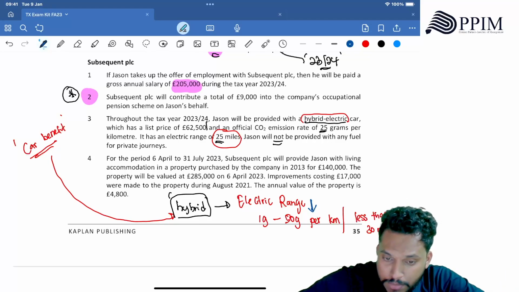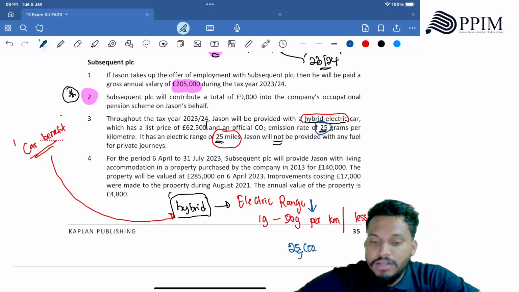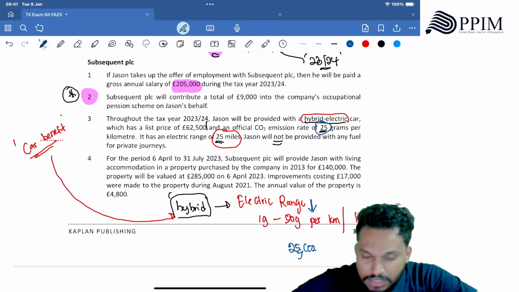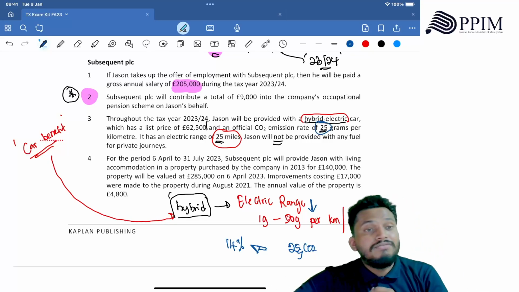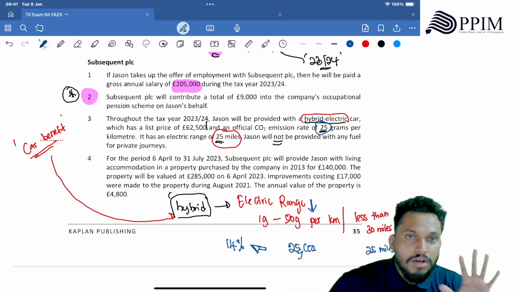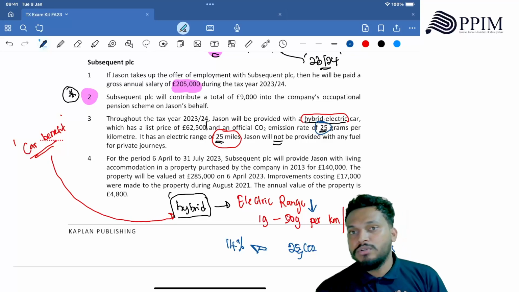In this case you are emitting 25 grams of carbon, and the electric range needs to be less than 30 miles. Here it is actually 25 miles. Then the car benefit needs to be calculated at 14%. You don't need to remember this percentage, as it will be provided in your fact sheet in the exam. Did you understand that application? That is what I wanted to tell you.